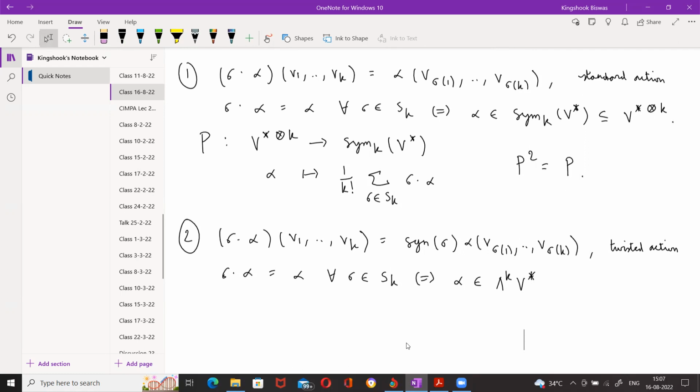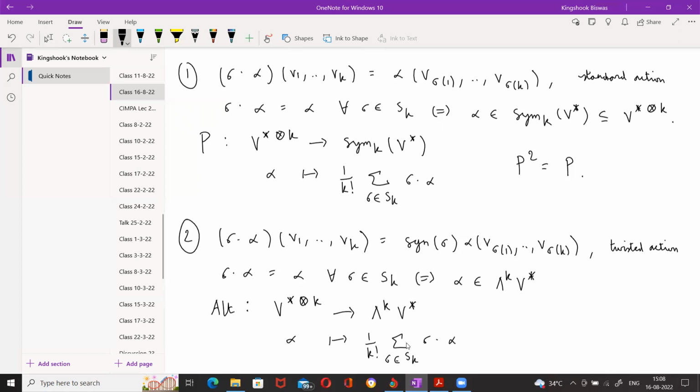So that leads us to the definition of a similar projection for the alternating tensors. The projection is called the alt map. So alt goes from V dual tensor k to wedge k V star, alpha goes to 1 over k factorial times the sum over sigma in S_k of sigma dot alpha.